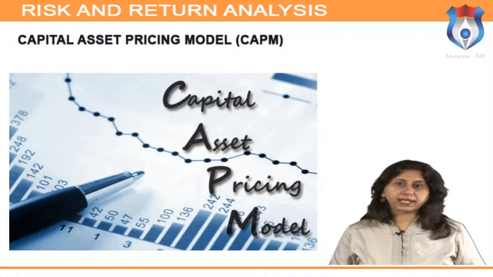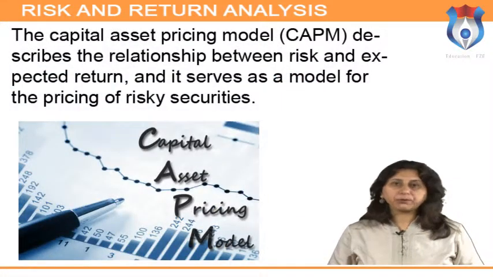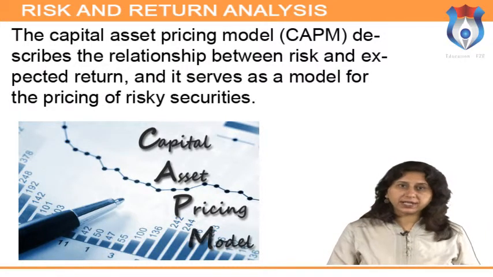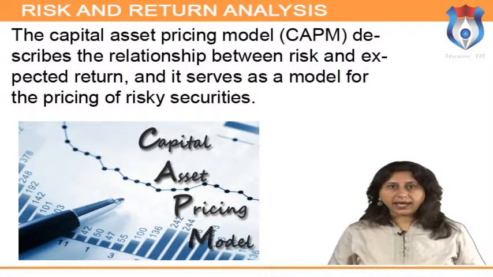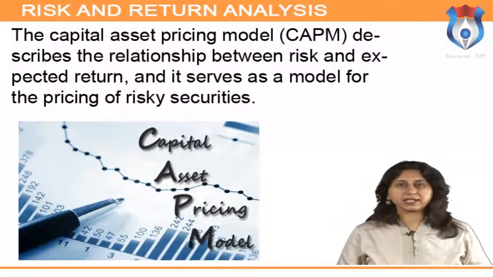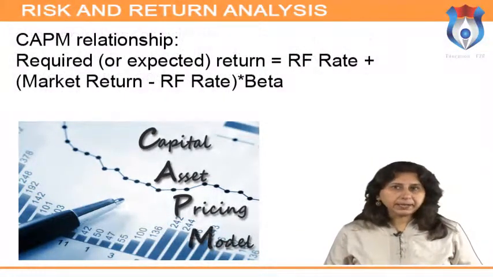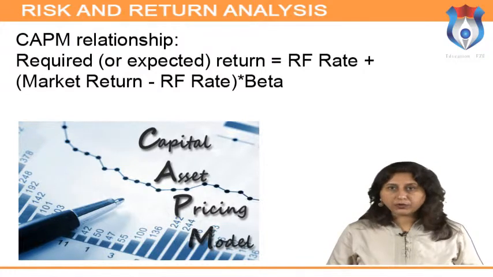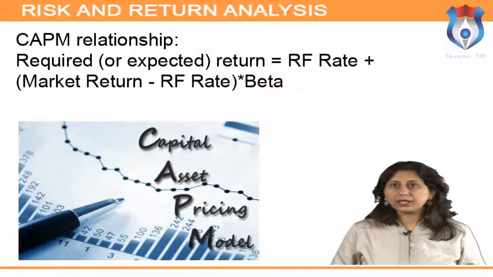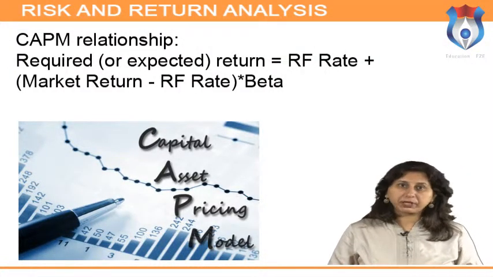Capital Asset Pricing Model, CAPM. The Capital Asset Pricing Model, CAPM, describes the relationship between risk and expected return, and it serves as a model for the pricing of risky securities. The CAPM says that the expected return of a security or a portfolio equals the rate on a risk-free security plus a risk premium.